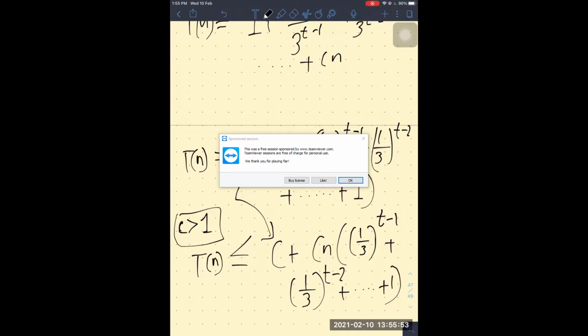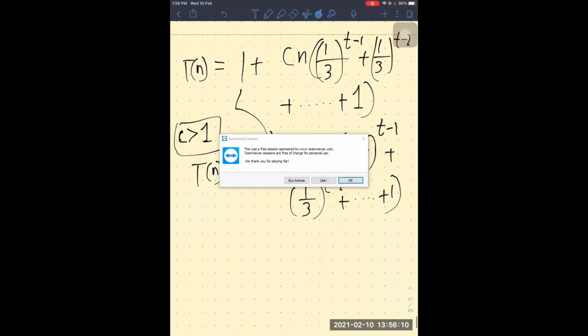Now for solving this inner factor, we'll solve that, and we will get that it is less than or equal to 3 over 2. I'll show that derivation. So for now, let's just assume that it is less than or equal to 3 over 2. Then we will get c plus c times n times 3 over 2 is greater than or equal to T of n.